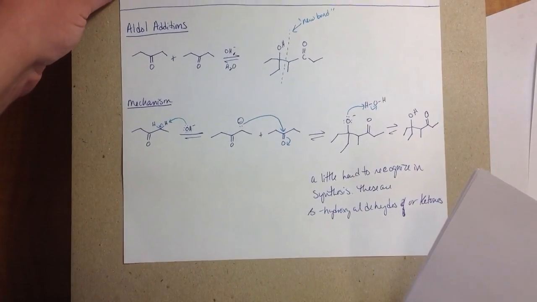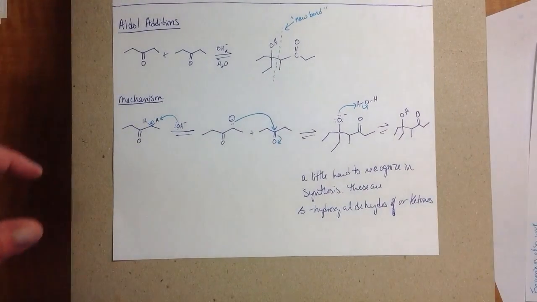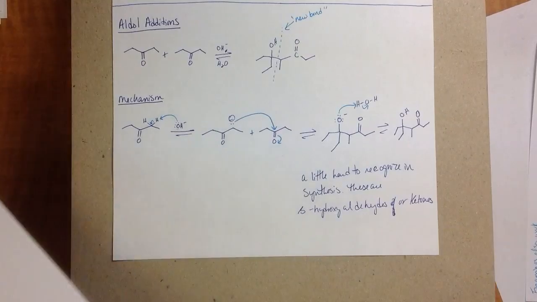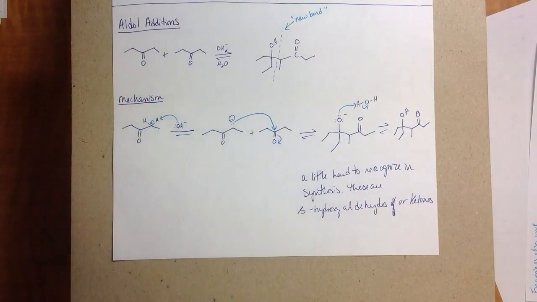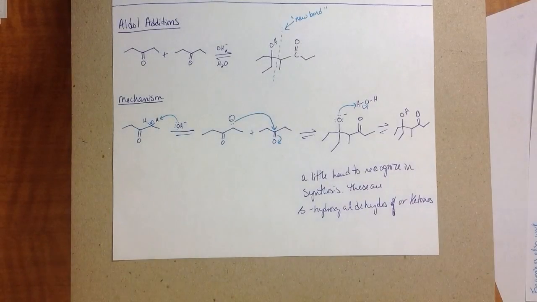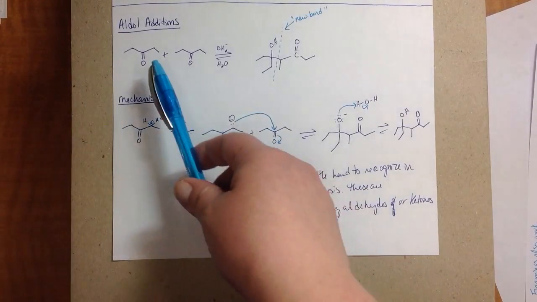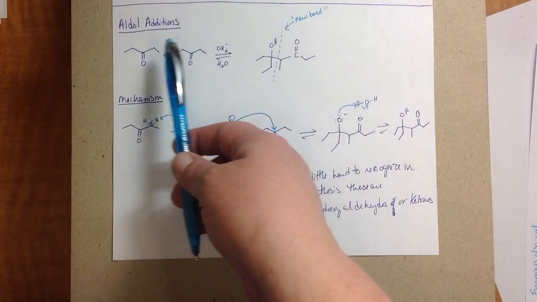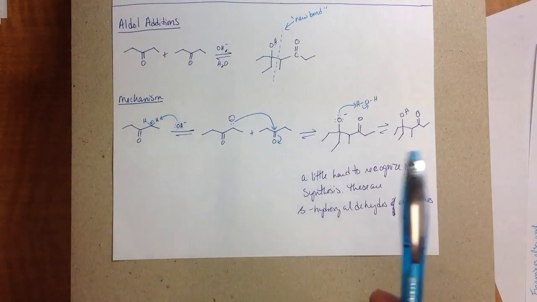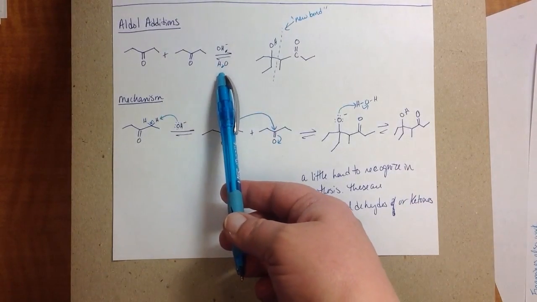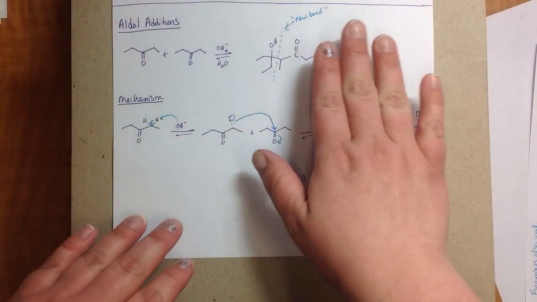Next we have aldol additions. This involves two of the same molecule coming together, at least at first. Next lesson we're going to look at two different types of things coming together. But first, we've got two of the same thing coming together. So you have to be careful when you're putting your stoichiometry together before you actually attempt this reaction. In the presence of base, I'm going to cover things up here.